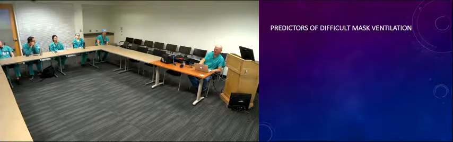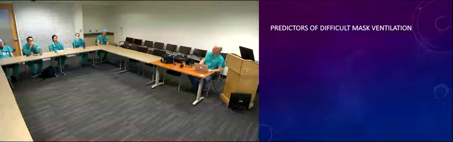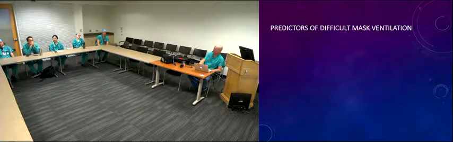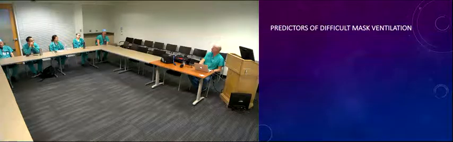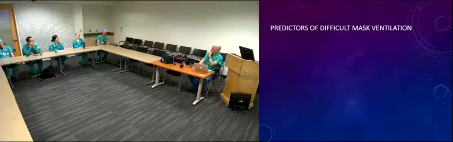Predictors of difficult bag mask ventilation. What do you got? OSA. No teeth. Why no teeth? So everything just kind of folds in on itself. It's like an upper airway obstruction. Right, so it's actually not so much an obstruction, and it's not an acute episode.